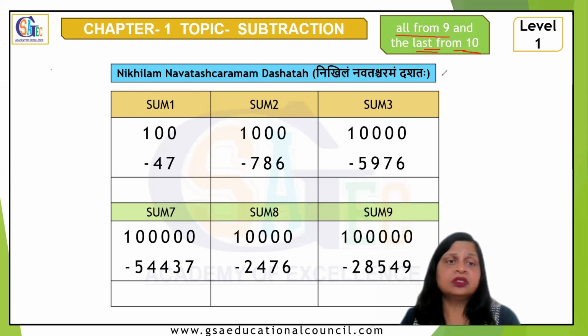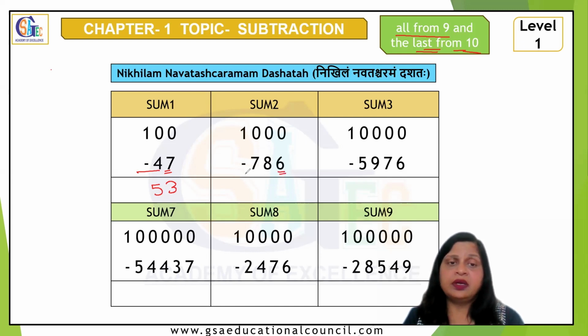Last from 10 means the unit digit. The unit digit of this number is 7. So 10 minus 7 is 3. So write down 3 here. And all from 9 means 9 minus 4 is 5. The answer is 53.